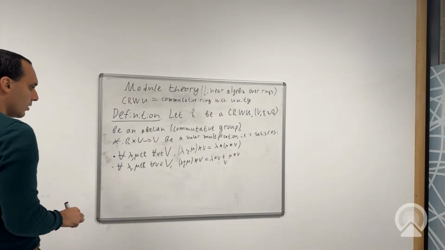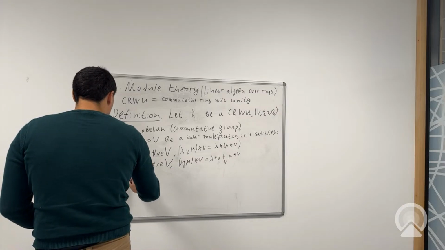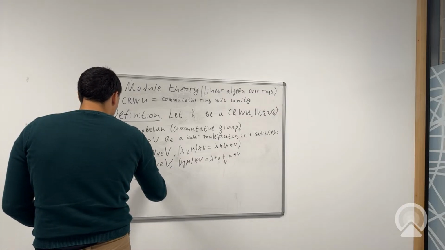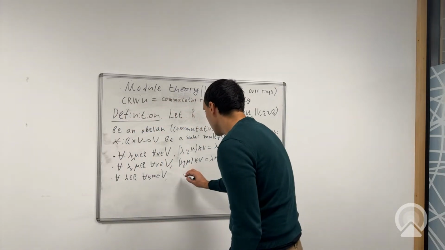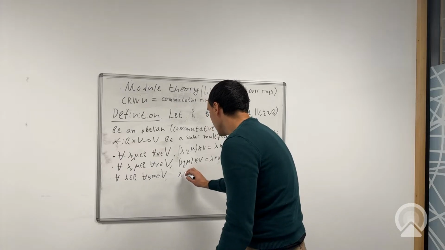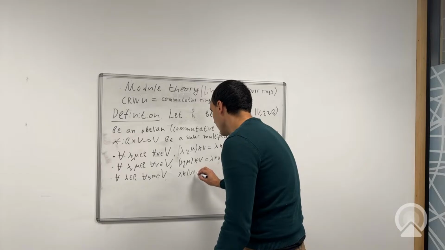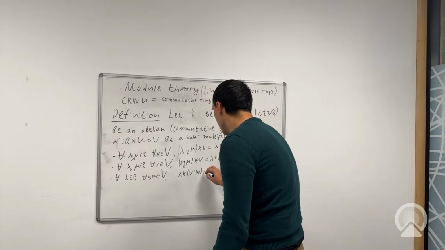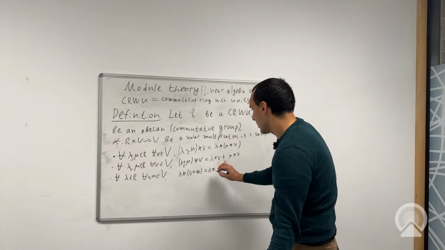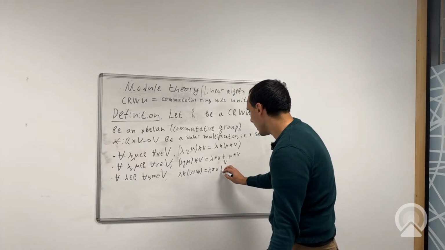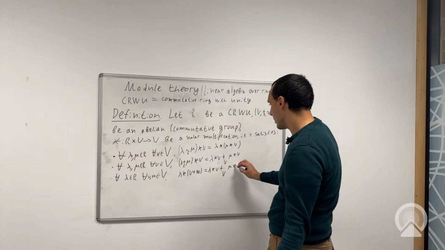We also have distribution over addition of vectors. So for any lambda in R and any U and W in V, we have lambda times U plus W is lambda times U, addition in the module, lambda times W.